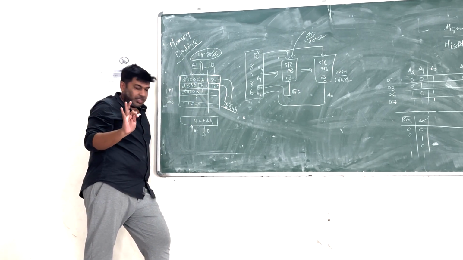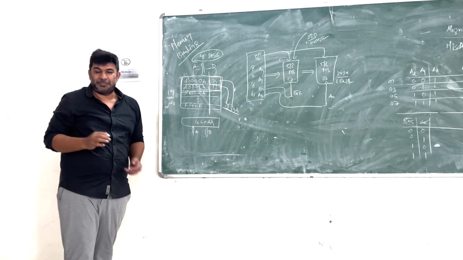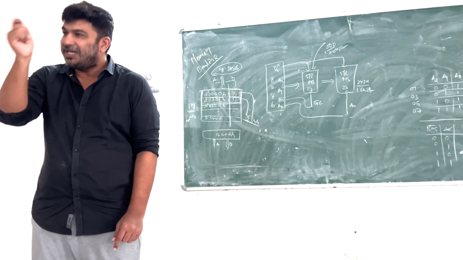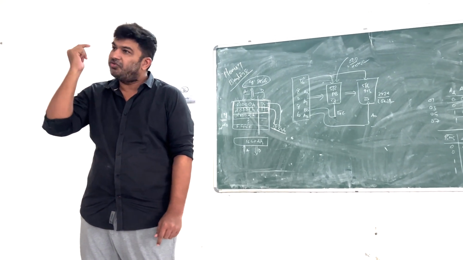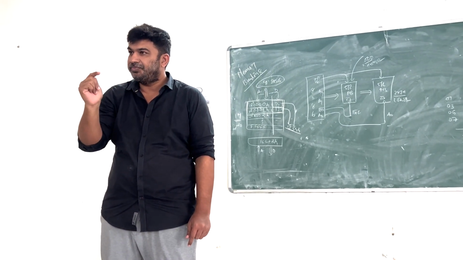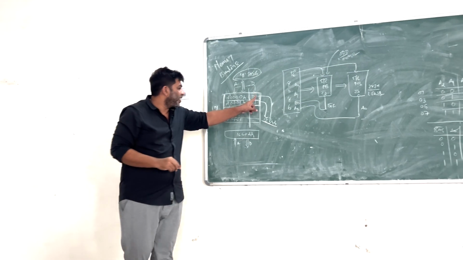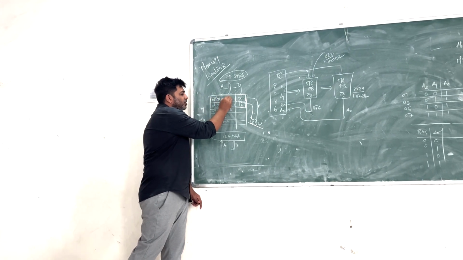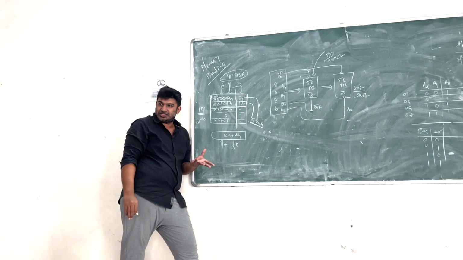Now what is the problem? In your address bus, at any given point of time, you can pass only one address. So if I want to access this location, I can give address 20000.